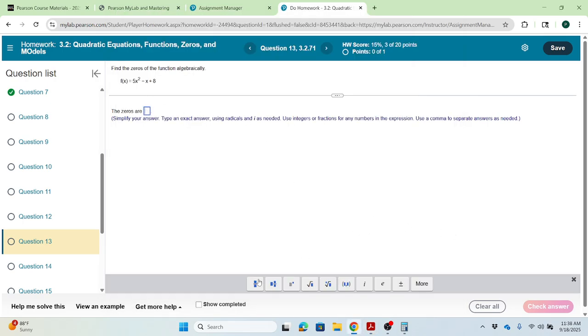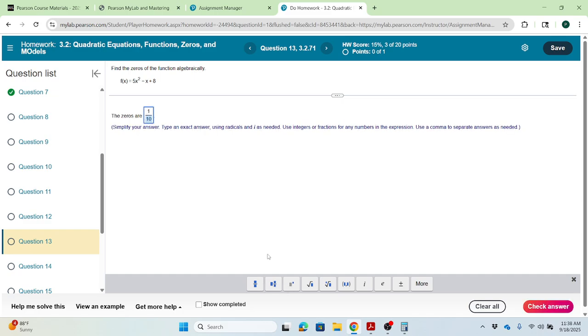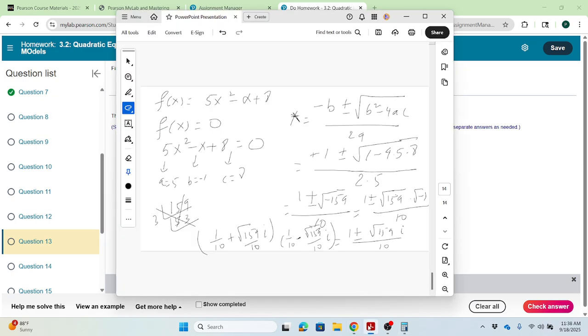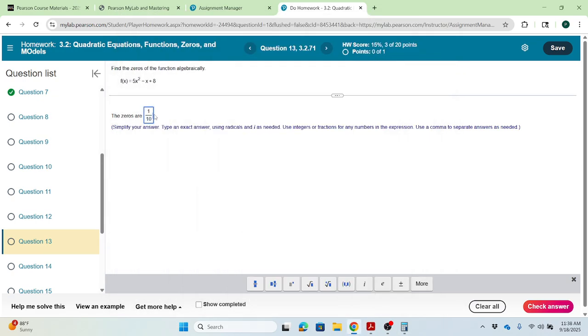Okay, 1 over 10, I think that's 1 over 10, and square root of 159 divided by 10.